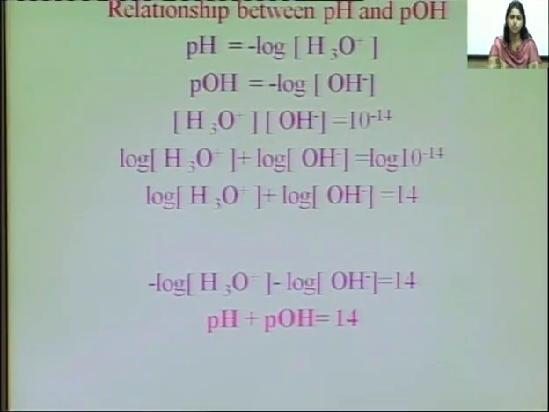Taking the negative common, we get negative log of hydronium ion concentration is equal to pH and negative log of hydroxyl ion concentration is pOH. In the first two steps I have written that pH is equal to negative log of hydronium ion concentration and pOH is negative log of hydroxyl ion concentration. So, pH plus pOH is equal to 14. We have got this relationship, which we will further use in numericals.